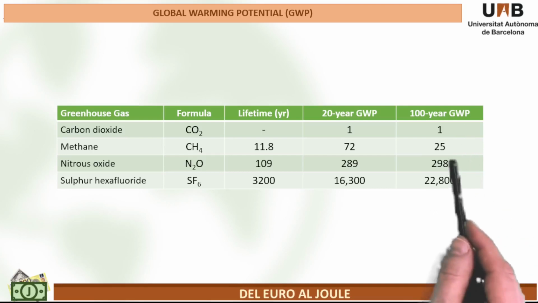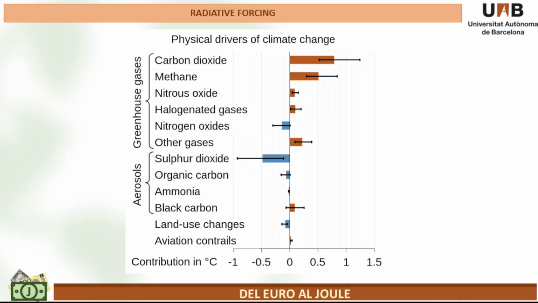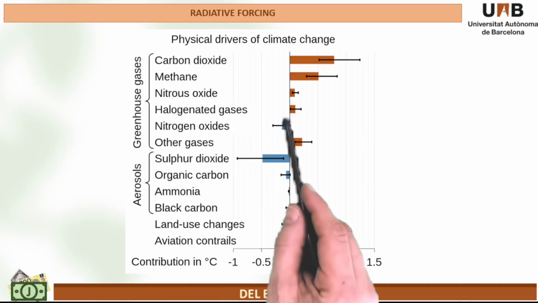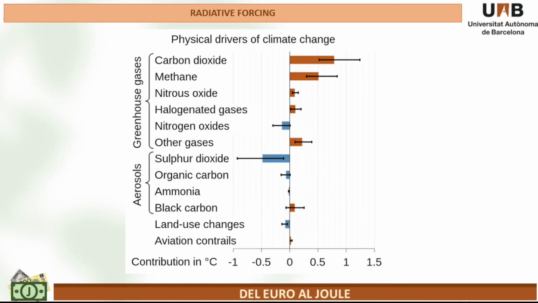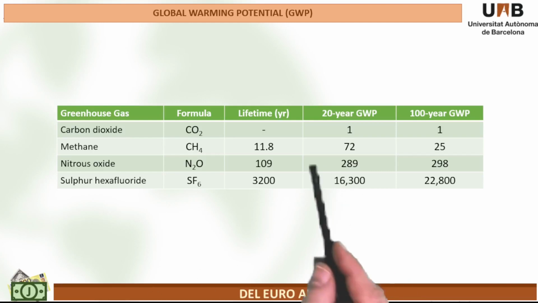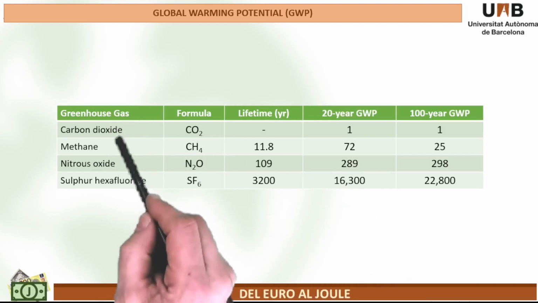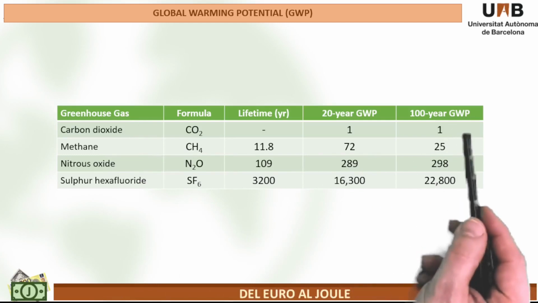But these molecules are not so important, if we come back to the table, because the amount of these molecules that we are emitting is very reduced compared to the amount of methane and the amount of carbon dioxide. And at the end, these two are the most important.